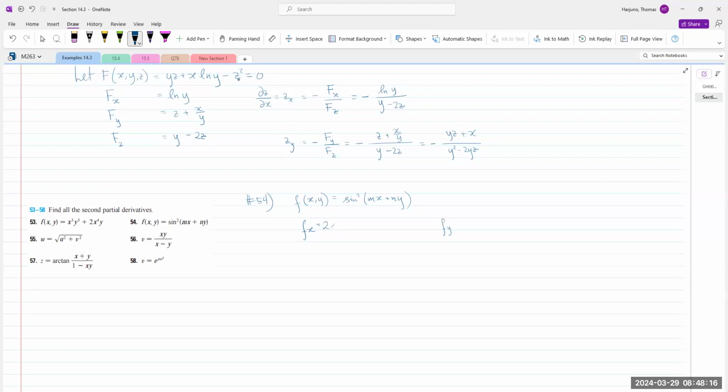This is 2 sine of (mx plus ny) times the derivative of sine, which is cosine, times the partial of mx plus ny with respect to x, that will be m, right? I think I can rewrite this as m times sine of 2 times (mx plus ny).